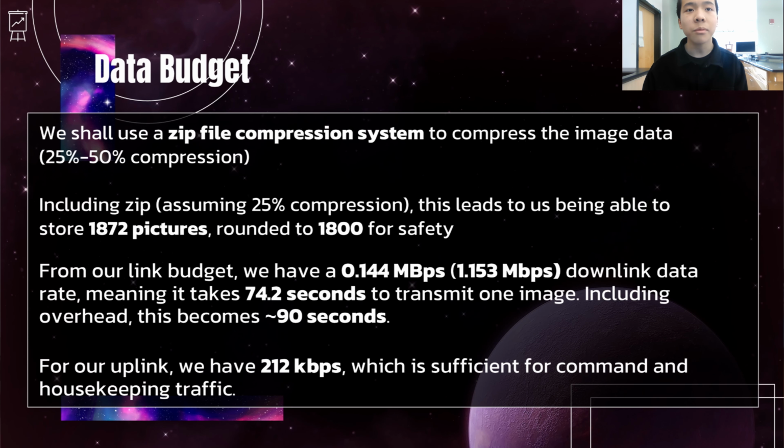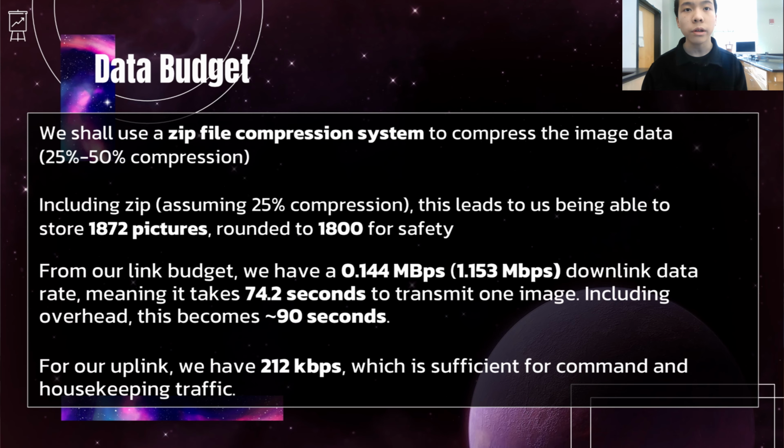In order to send the images back to Earth, we shall use a zip file compression system using a 25% to 50% compression. After compression, we can fit 1,872 pictures, but we round down to 1,800 for safety.